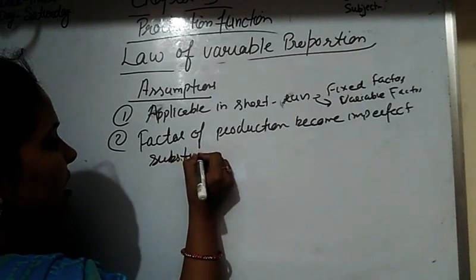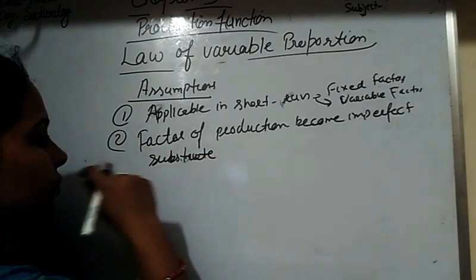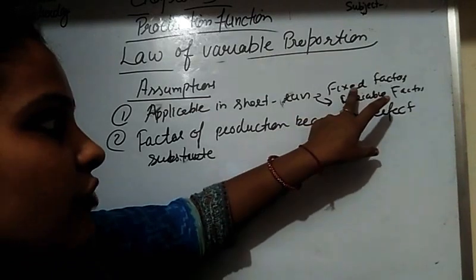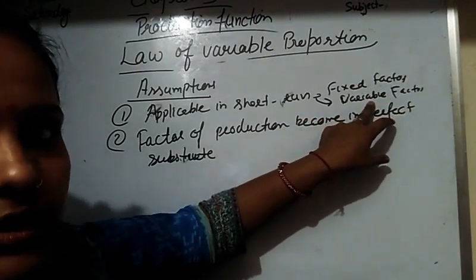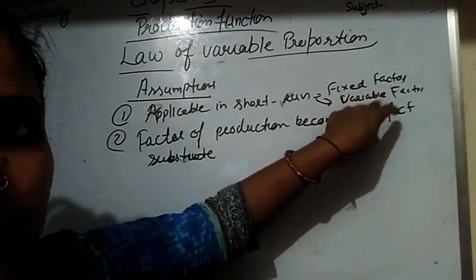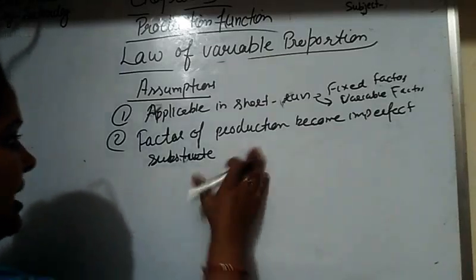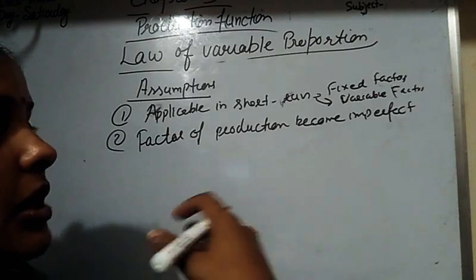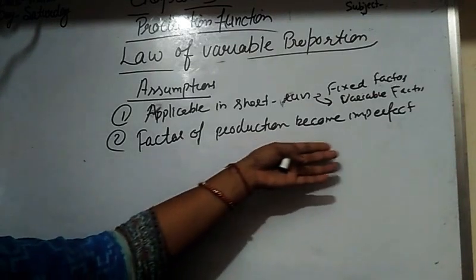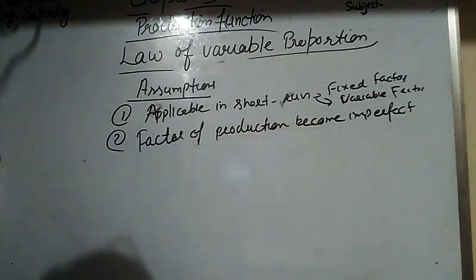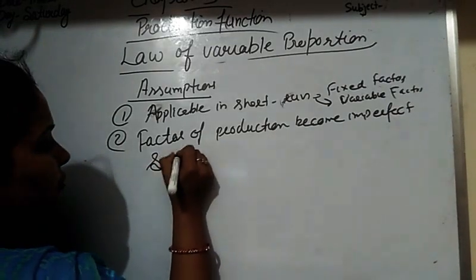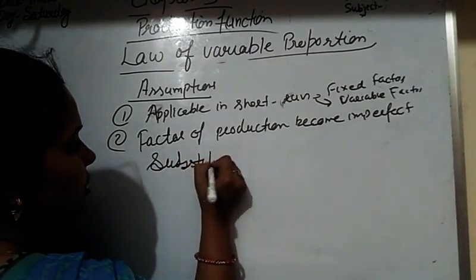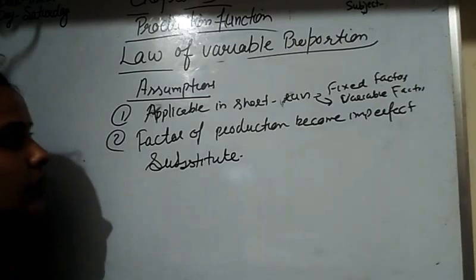Imperfect substitute means each factor is used in its own place. Fixed factors are not used in place of variable factors, and variable factors do not take the place of fixed factors. So factors of production are imperfect substitutes of each other.